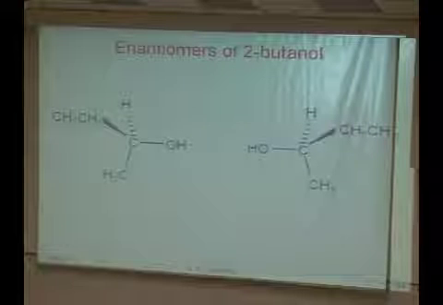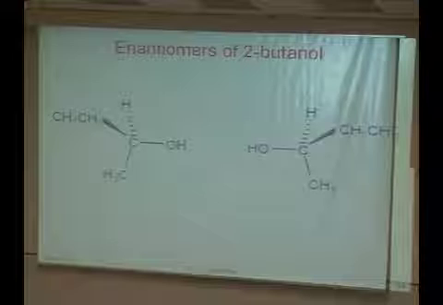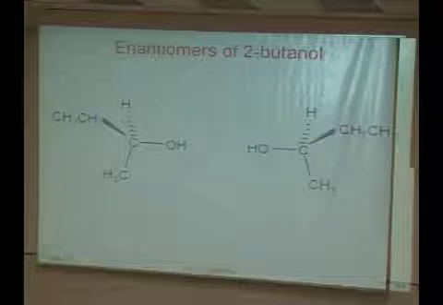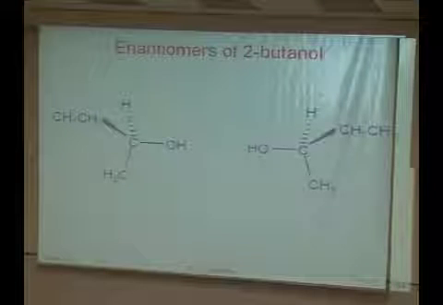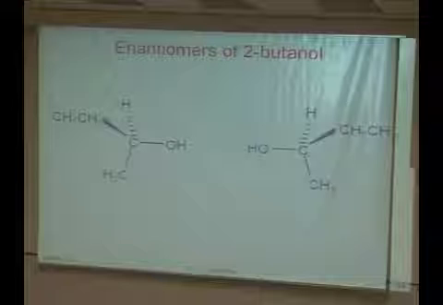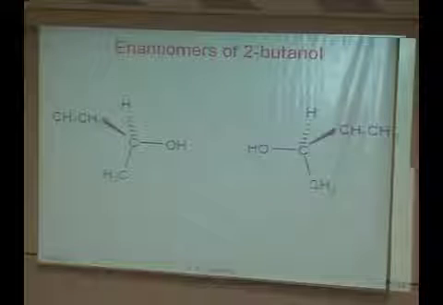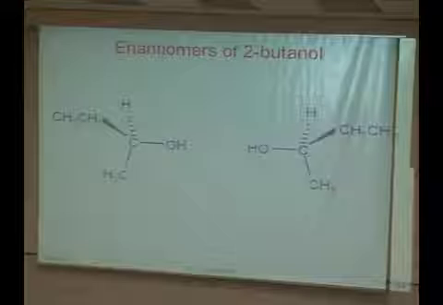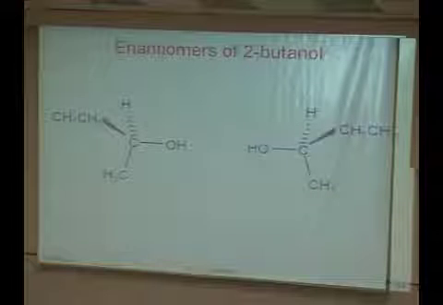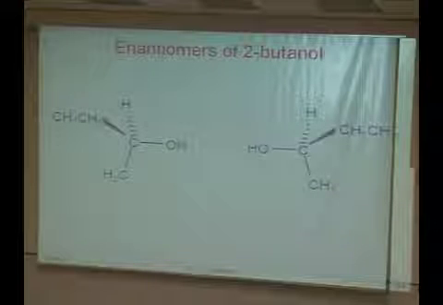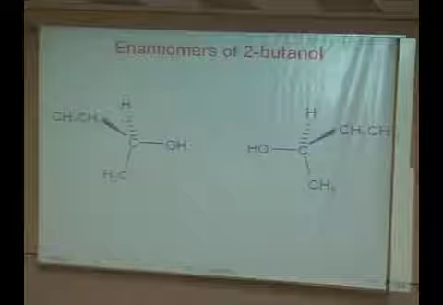Where is the lowest priority group? Hydrogen. It is a dashed bond. It means that hydrogen is away from us. So the molecule is already oriented so that the lowest priority group is away from us. Going from 1 to 2 to 3, from highest priority to lowest priority, am I going clockwise or counterclockwise? Counter. Therefore, this is an S.